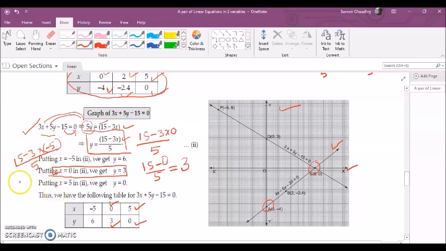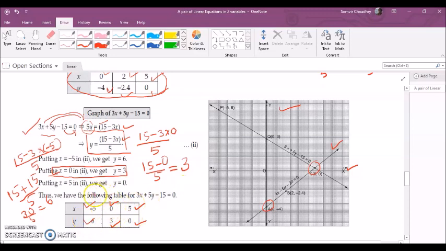So 15 minus 3 into minus 5 means plus 15, upon 5. You will get 30 upon 5 is equal to 6. Got it? So here if you put x is equal to minus 5, you will get y is equal to 6.